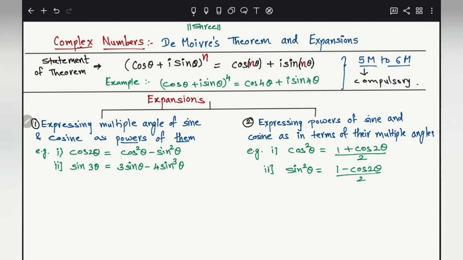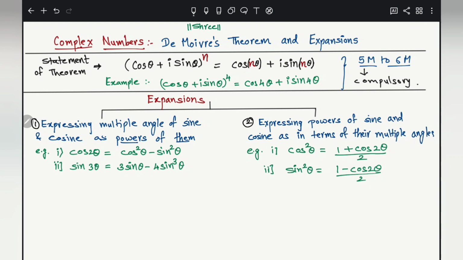And the fact about this topic is it is based on the single statement of De Moivre's theorem, which you can see here in front. So let's quickly go through the statement. The statement is (cos theta plus i sin theta) raised to n is equal to cos n theta plus i sin n theta.